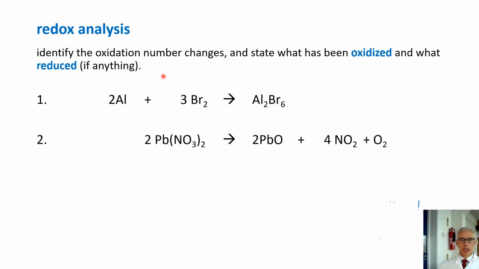So I'd like you now to try some of your own redox analysis. So identify the oxidation number changes and state what has been oxidized and what has been reduced, if anything, in the following 2 equations. Pause the lesson and come back when you're ready to compare your answers to mine.